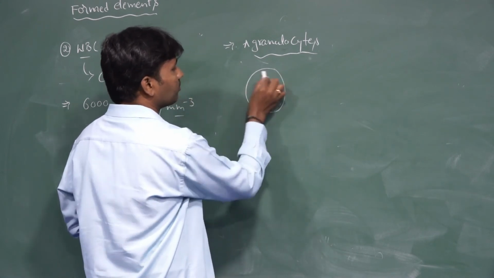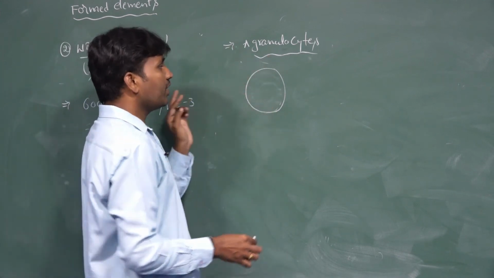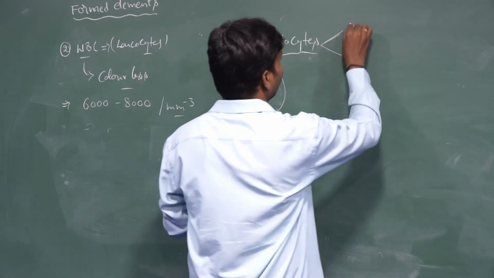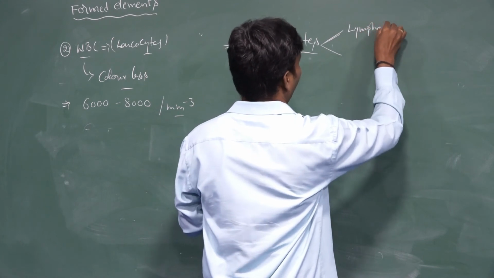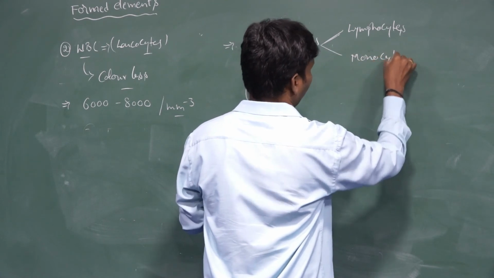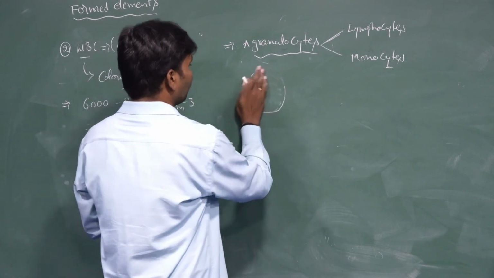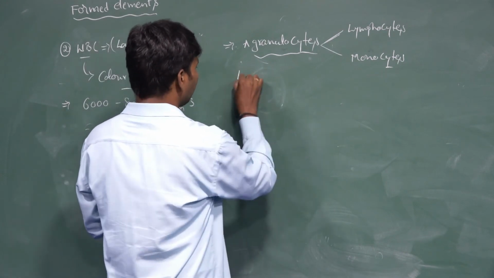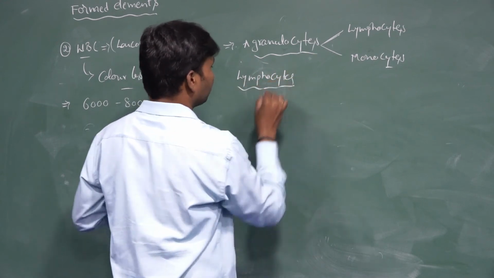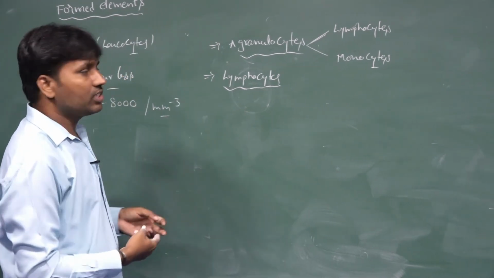These cells are also circular in nature. They are of two types: lymphocytes and monocytes. First, we are going to discuss the lymphocytes. Among the WBC, these are the second largest component.